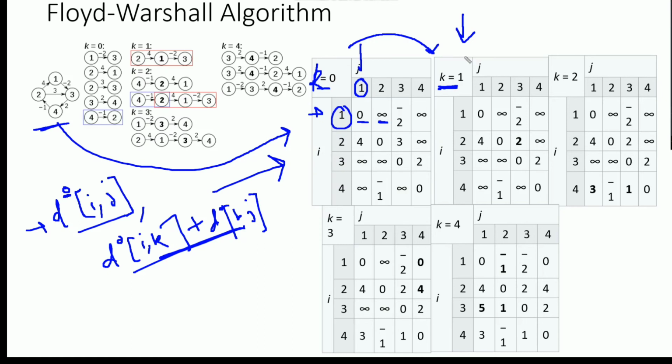So that's why for the vertex 1 column and vertex 1 row, the value will be the same. Now we need to calculate the value for 2 comma 2 in this matrix. We have already calculated the previous matrix, and using it we'll calculate this.